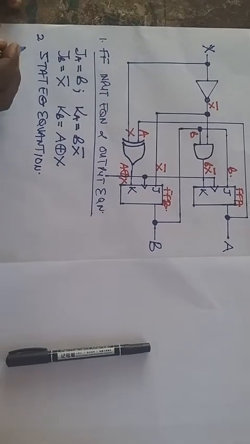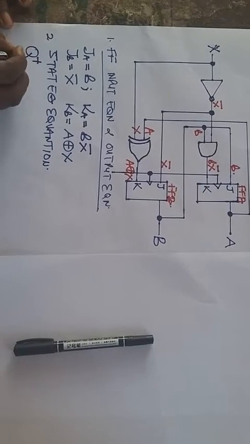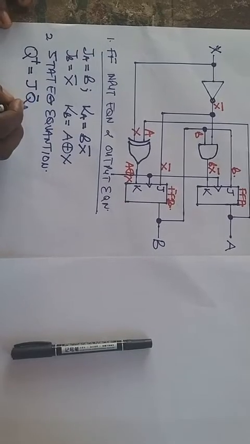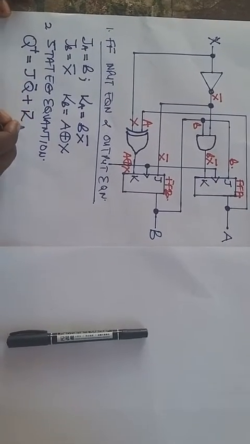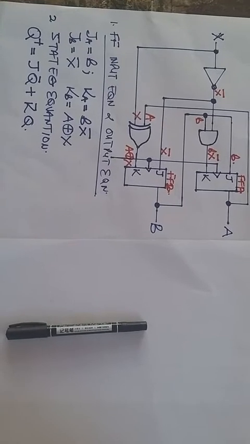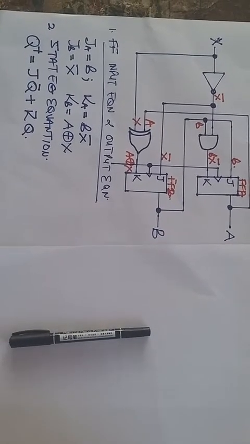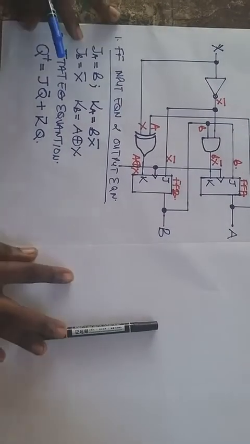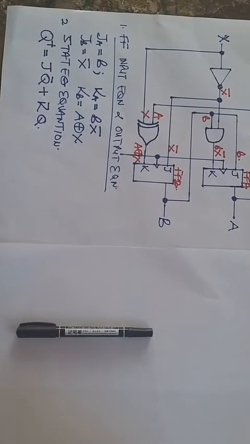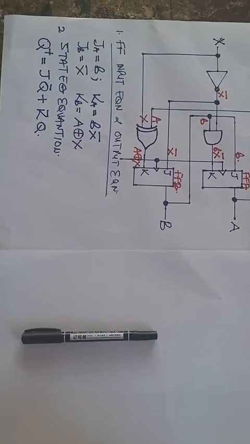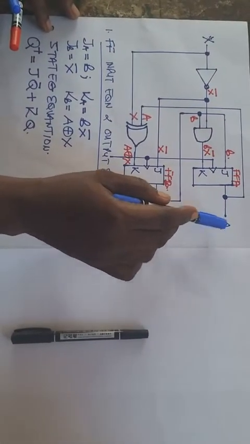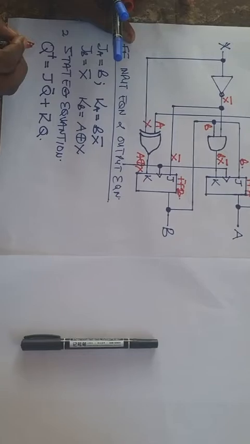For a JK flip-flop, the next state is given by J Q complement plus K complement Q. So this is what we are going to use to derive our next state equation. What are we going to get? For A, what will be the next state? The next state is going to be A plus.